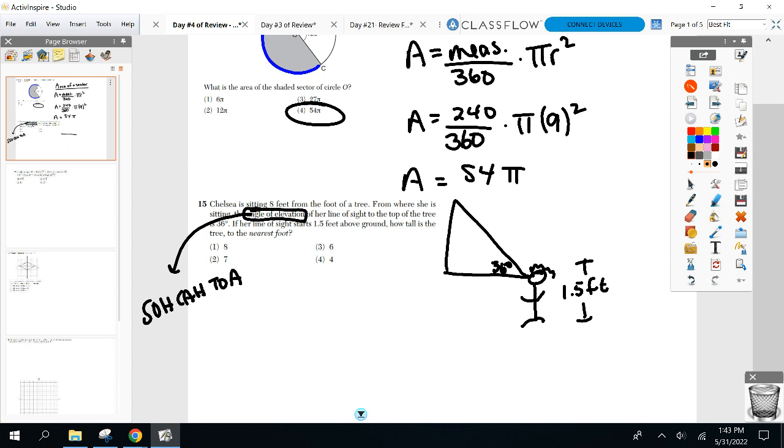We're not on the ground. And everyone see where the tree's going to be? On the ground. The trees don't float on the Regents exam, unfortunately. So there's the tree, and she's 8 feet from it.